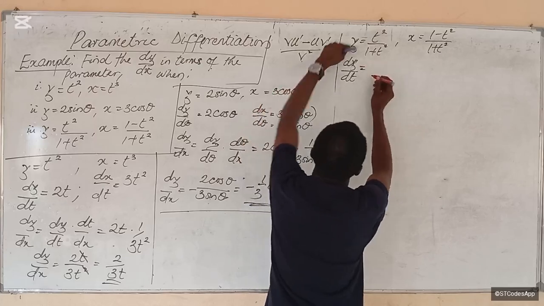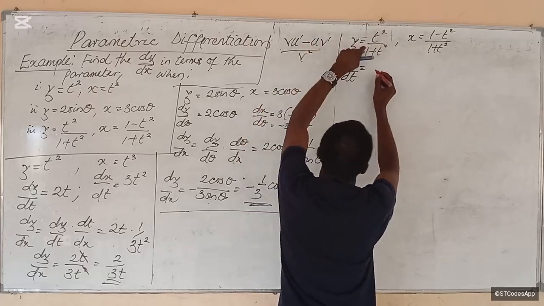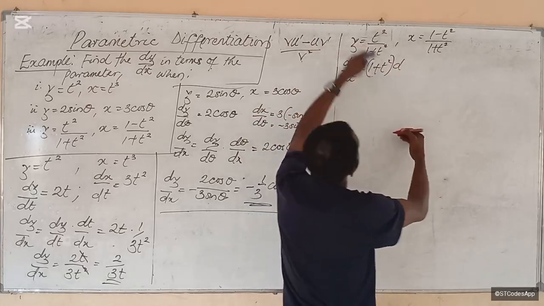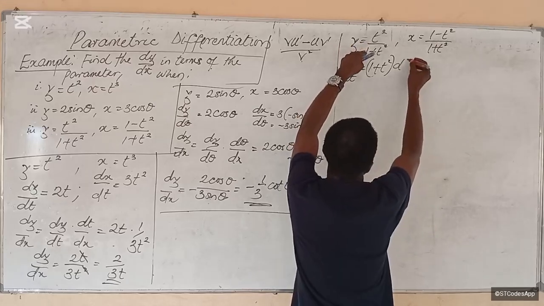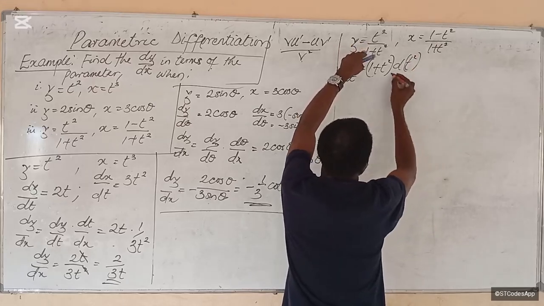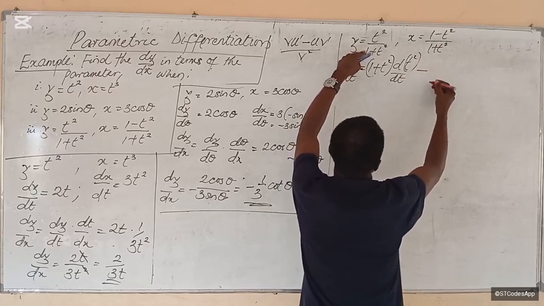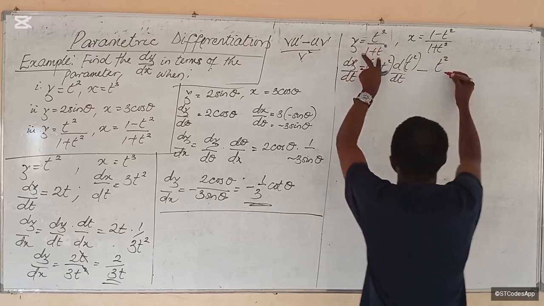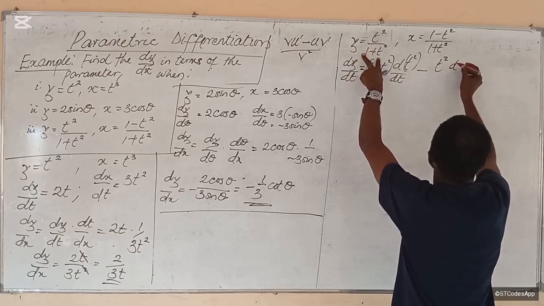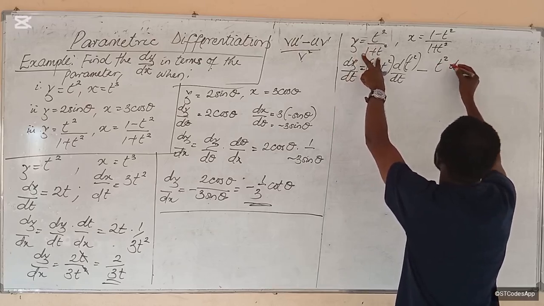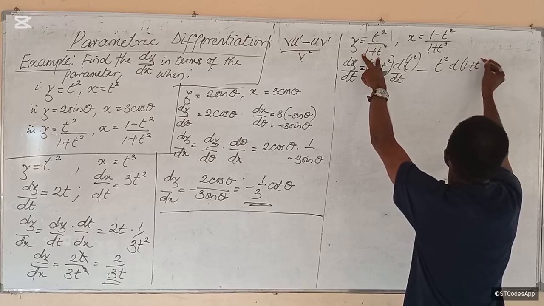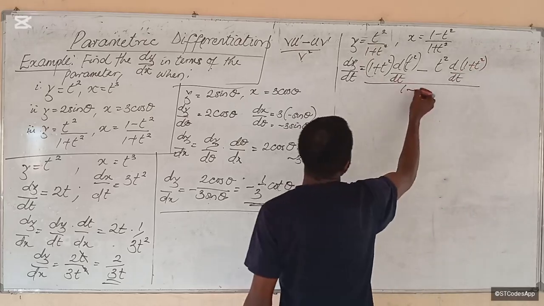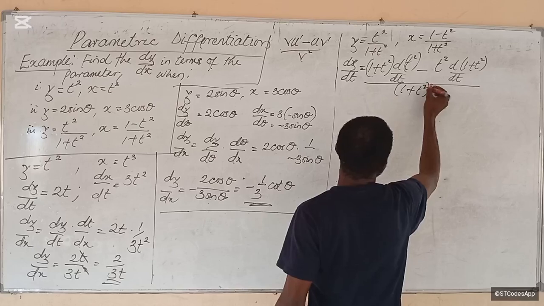So dy/dt will be equal to v, which is this, 1 plus t squared, you hold v and differentiate the top, that is d(t squared)/dt, minus, now you hold u, t squared, and differentiate the bottom, d(1 plus t squared)/dt, all over the bottom squared, 1 plus t squared all squared.